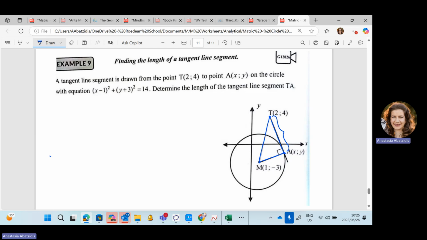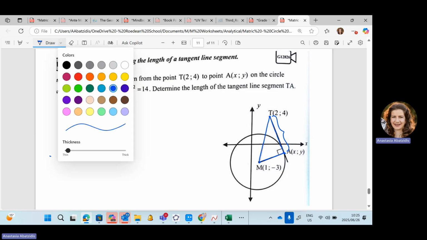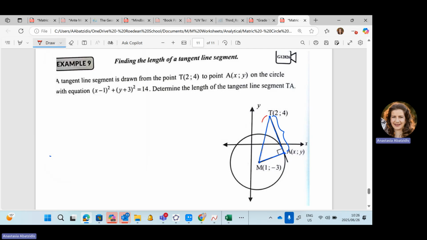So are we able to work out the length of this line using the distance formula? Right, TM. The distance of TM is 2 minus 1 squared plus 4 plus 3 squared.